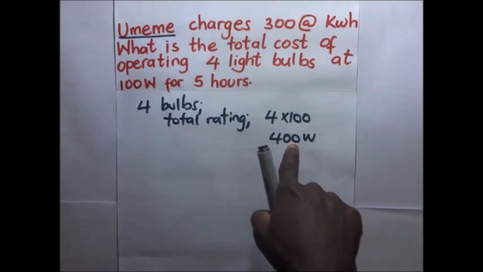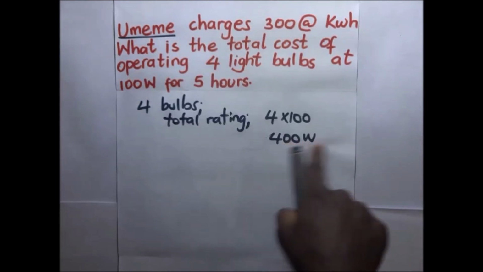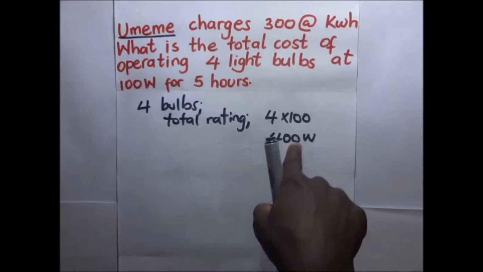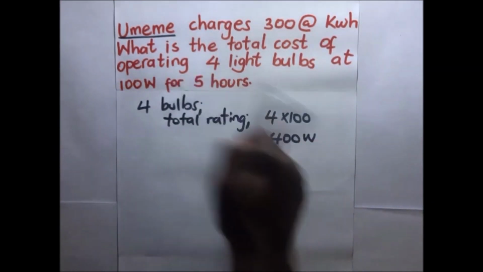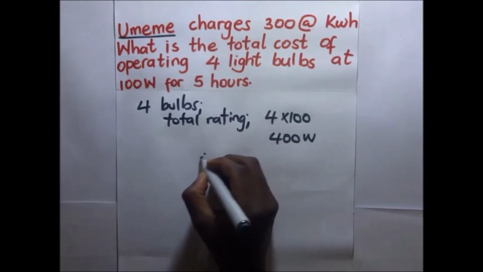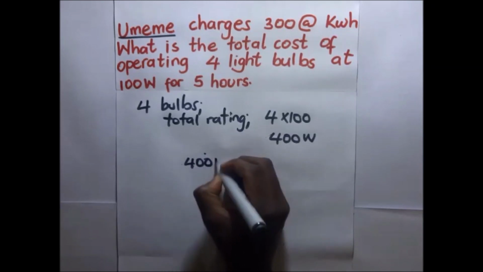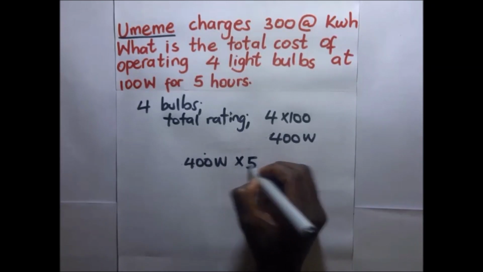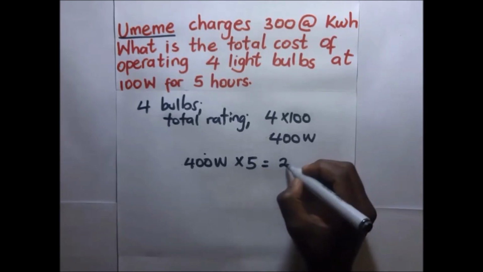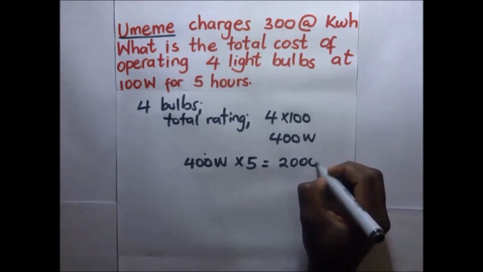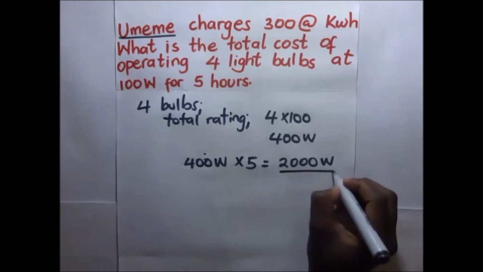Now, let's say they are running for 5 hours. So we multiply this by the 5 hours. 400 watts multiplied by 5 hours, and you end up with 2000 watt hours.